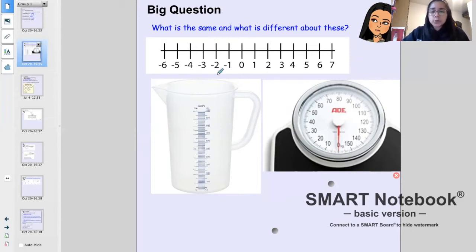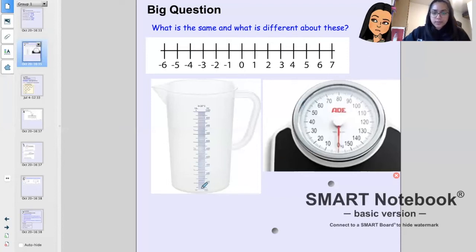Great, so hopefully you would have said that this is a number line, and it technically isn't really measuring anything, like the way that this jug is measuring liters, you can see, and milliliters, and the scales are measuring kilograms. Okay, so these are measuring certain things, whereas this is just a number line.